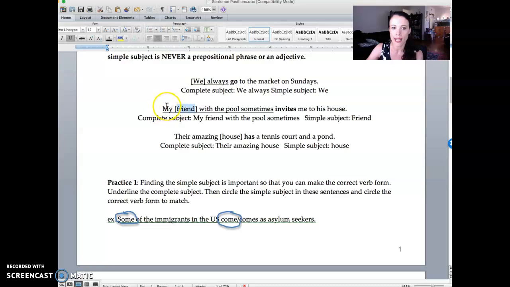My is an adjective. With the pool is a prepositional phrase, sometimes is an adverb. So this is the noun that matches the verb, invites. I need to know that because this is singular, right? So friend invites. I have to put that S on my singular verb. If it said my friends, I would take that S off, right? My friends invite and use the plural verb.